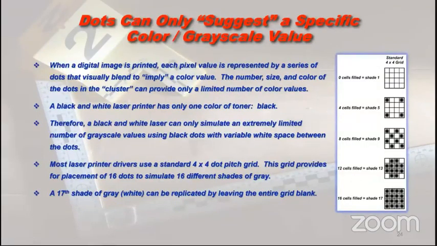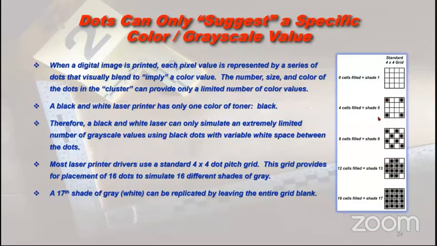Now, what that simply means when we're dealing with a black and white laser printer is that we get into something that's commonly referred to as a 4x4 dot pitch grid. In other words, we have a grid that is 4 dots horizontal by 4 dots vertical, and every time we fill in one of these spaces, that's going to give us a different shade of gray. So if we have 4 dots filled in, that's going to be shade 5, because we can leave it blank, and that's shade 1.